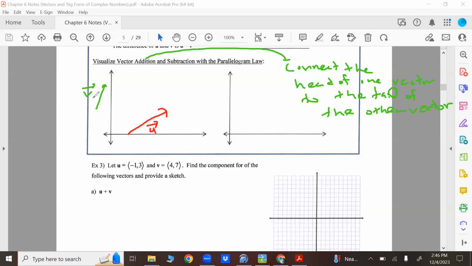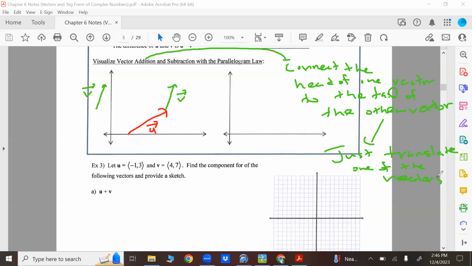So I'm going to take V and do that. I translated it. Yeah, just translate one of the vectors.